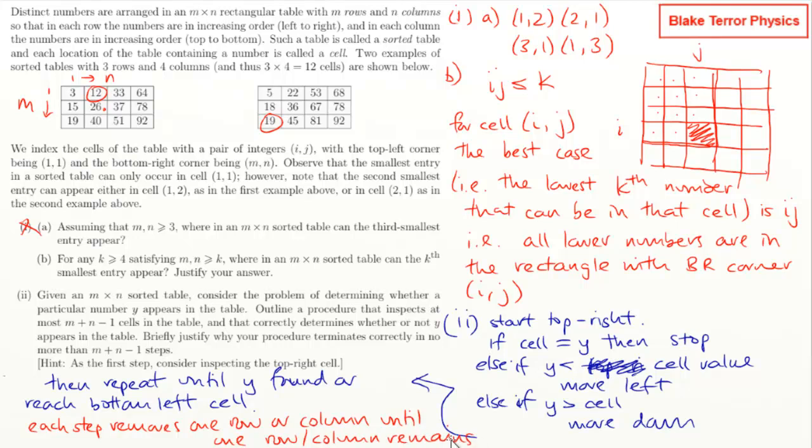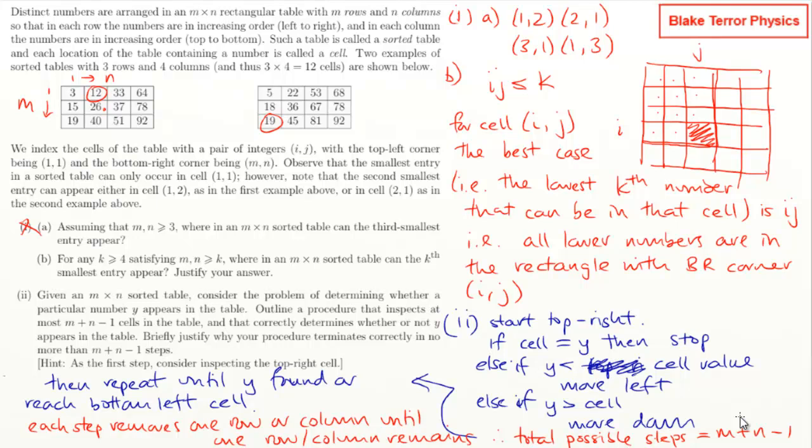So we're taking off m rows and n columns, but we leave one left. Therefore, total possible steps equals m plus n minus 1, rows plus columns, but leave one left at the end.